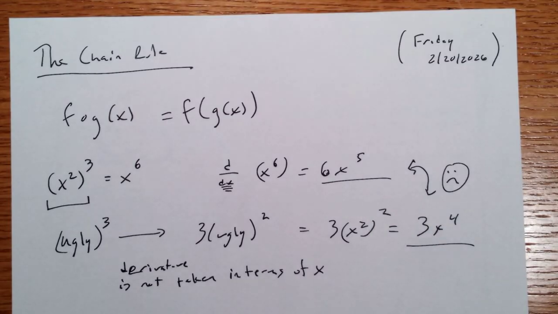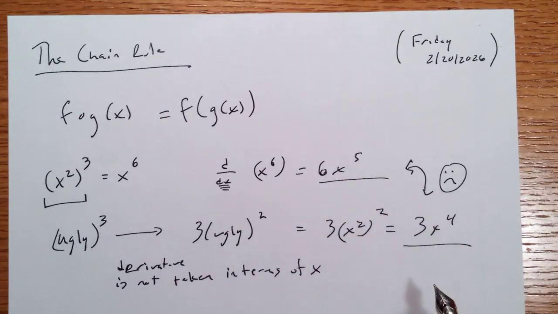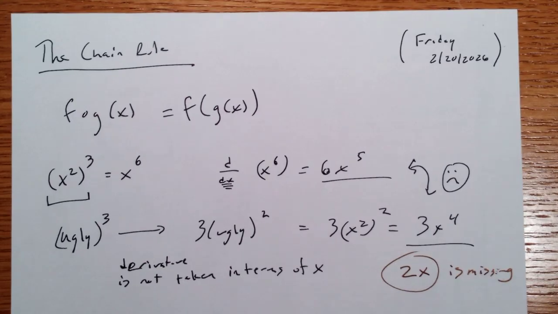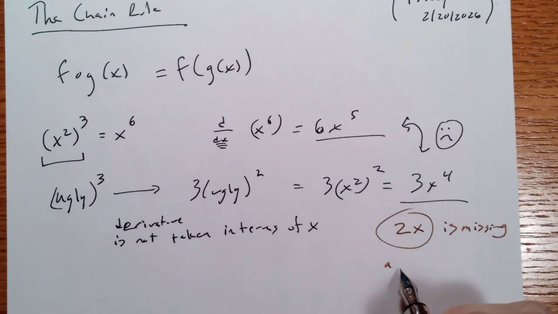Well, in order to get from a 3x to the fourth to a 6x to the fifth, I need another 2 to get from a 3 to a 6. I need another x. And it's missing as a factor, as if I was multiplying.